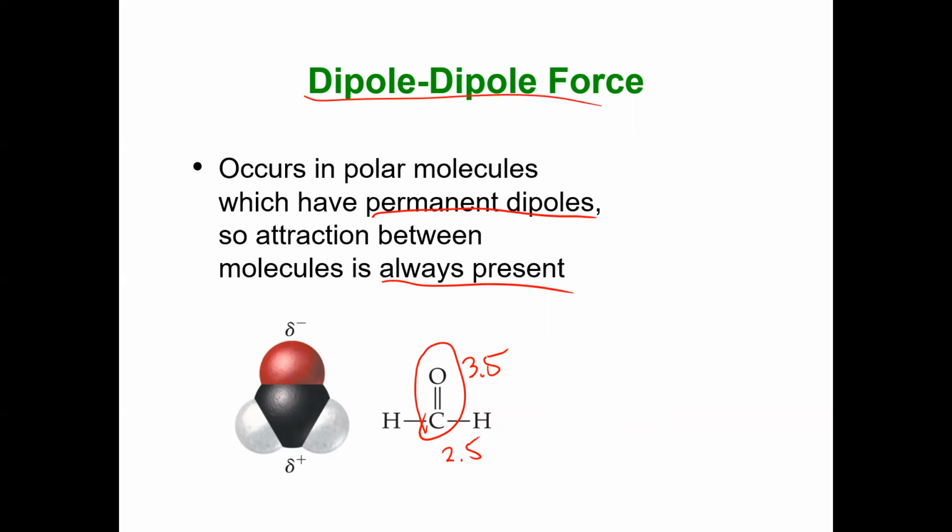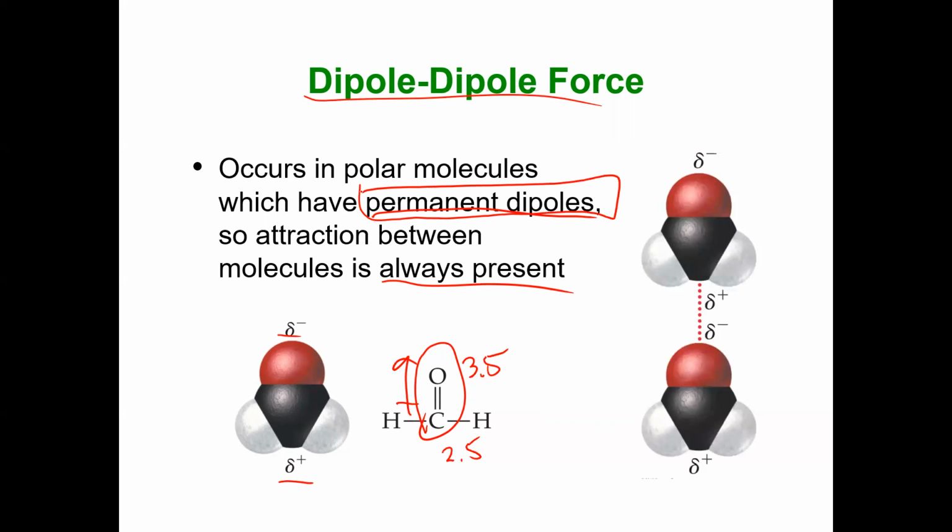That creates a dipole where the oxygen is pulling the electrons in the bond towards itself and away from carbon, creating a partial positive on the carbon and a partial negative on the oxygen. What does that mean? It means it's a permanent dipole, and permanent dipoles can line up. So I can have the partially positive carbon be attracted to the partially negative oxygen in a neighboring formaldehyde. And that interaction is always present because they're permanent.